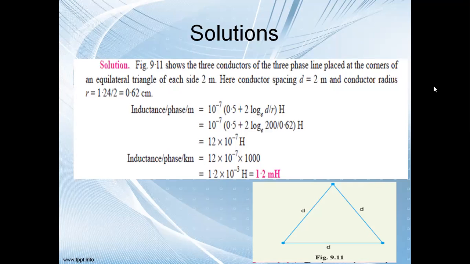Whatever we get in meter, we now need to convert to kilometer, so we multiply by 1000. Yes or no? Yes, sir. The value which will come is 1.2 millihenry. This is the answer to this particular problem.